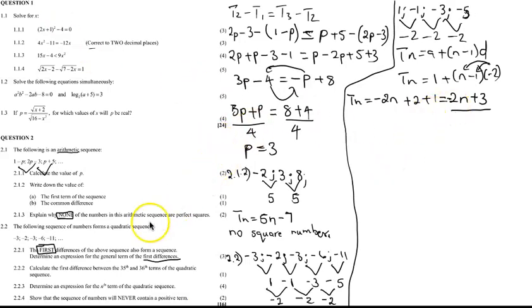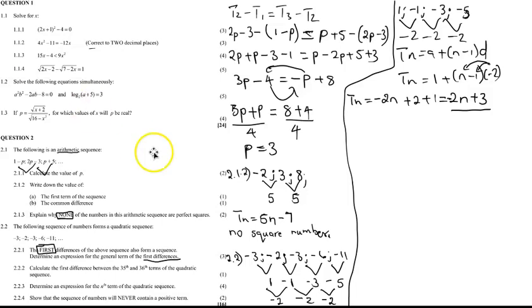Let us move to the next question, which says, calculate the first difference between the 35th and the 36th term. Now let us see what is happening between the positions of the original sequence and these first differences.